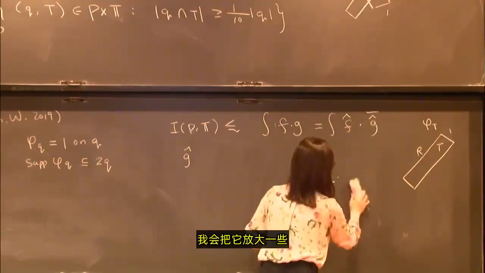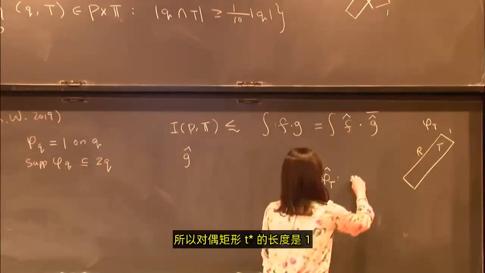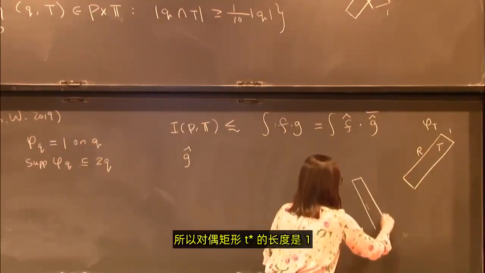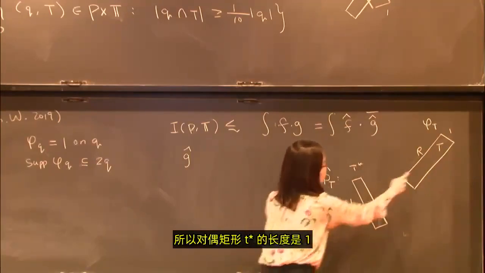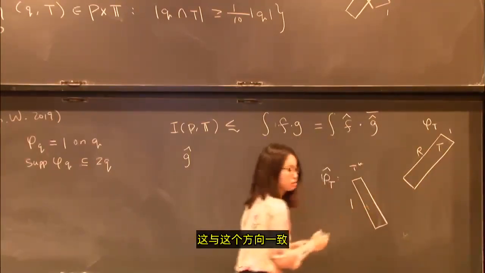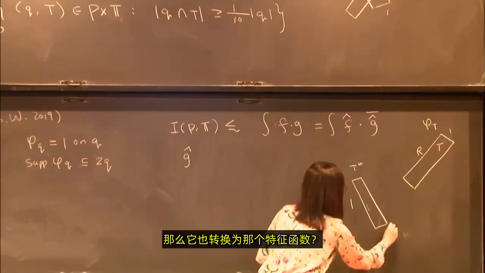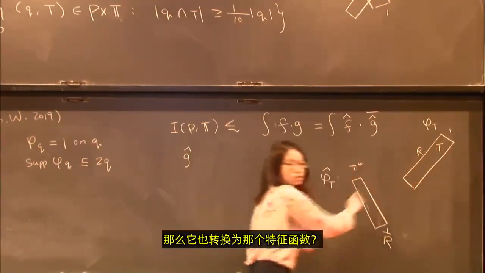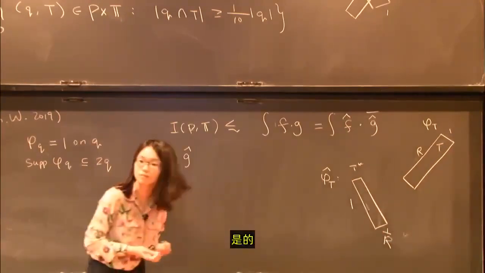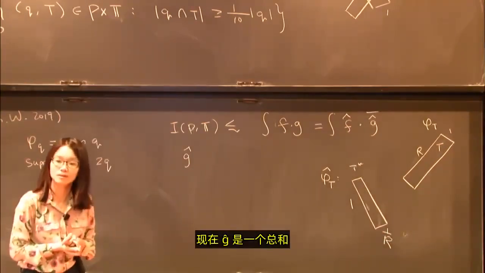I will draw it larger. So the dual rectangle T star has length 1, which corresponds to this direction, and has width 1/r, which corresponds to this direction. So here you also smooth the characteristic function? Yes.